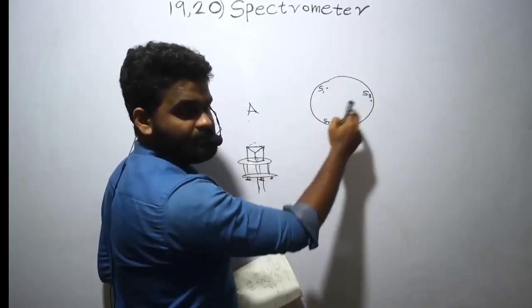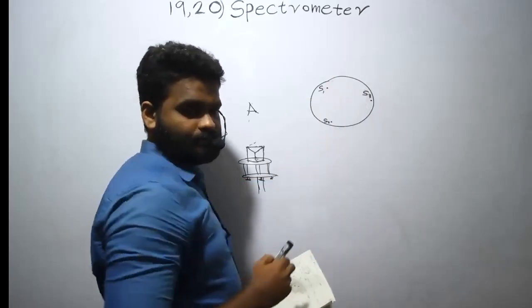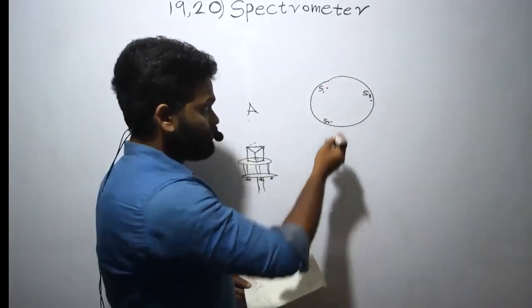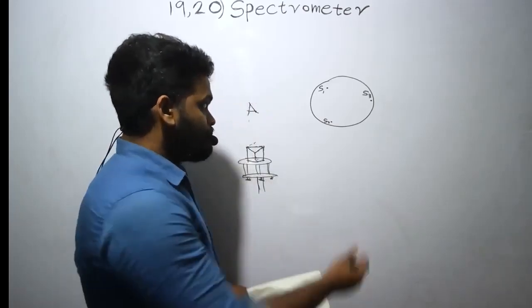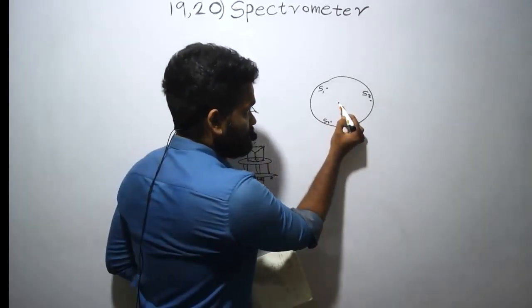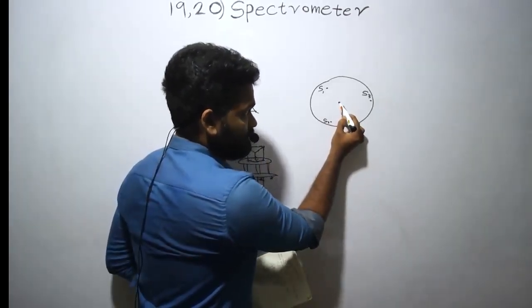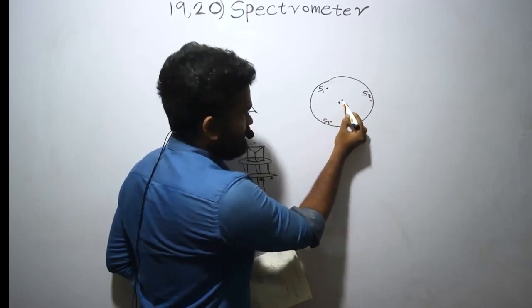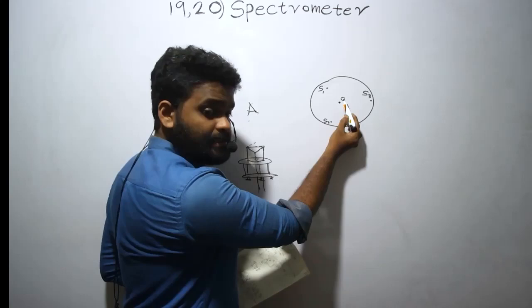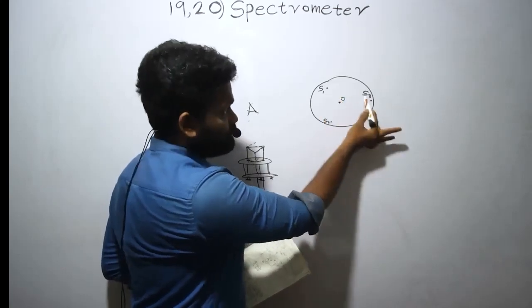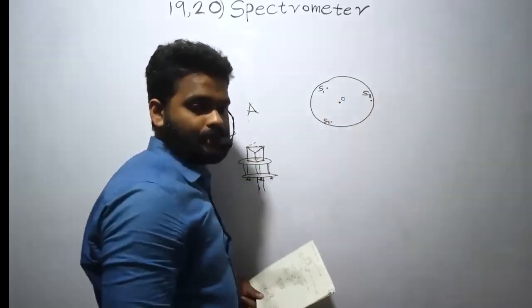Remember, those positions are actually marked. Let's say the center of the prism table is O. The center of the prism table is O, and the positions of the screws are S1, S2 and S3.